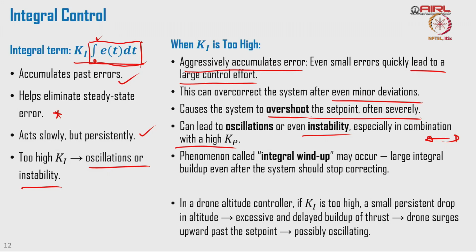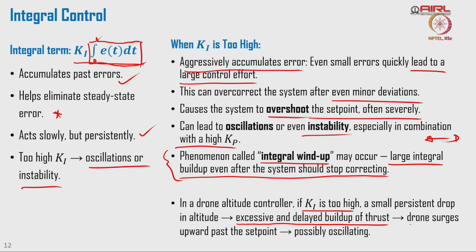There is also another phenomenon called integral wind up that might occur, which means a large integral build up even after the system should stop correcting. Because of its nature of accumulating past errors, this integral wind up occurs. So, in a drone altitude controller, if Ki is too high, a small persistent drop in altitude will also result in excessive and delayed build up of thrust.